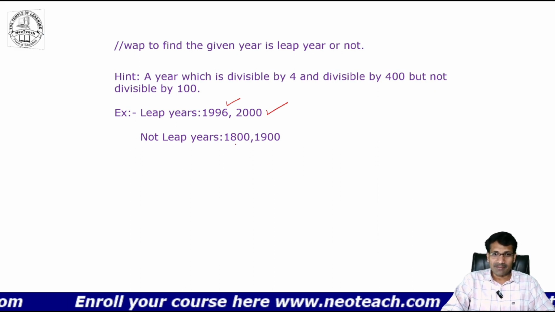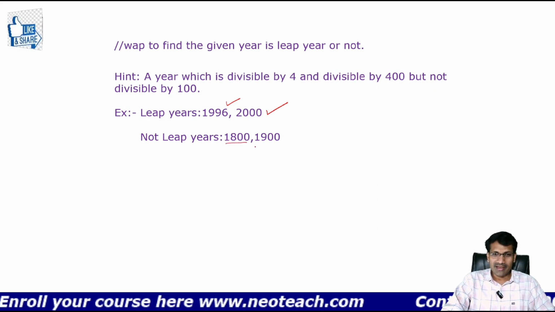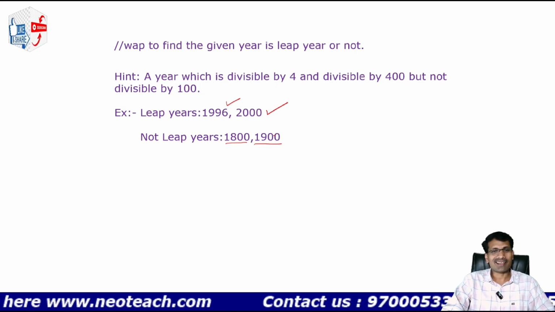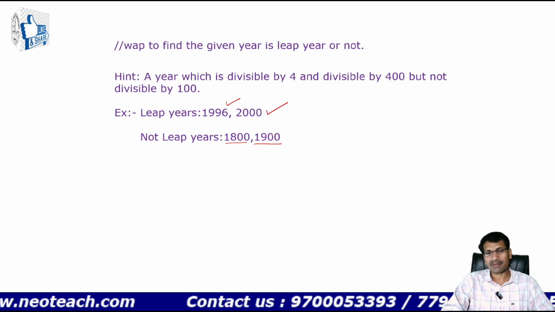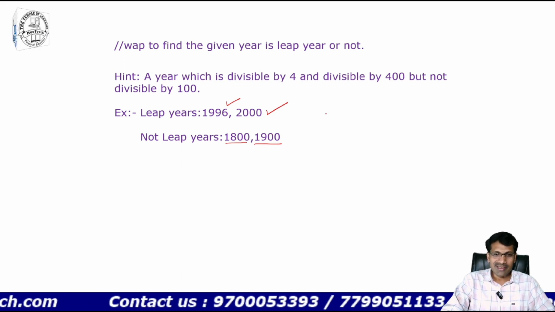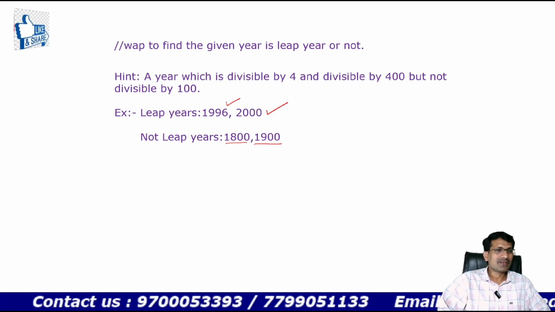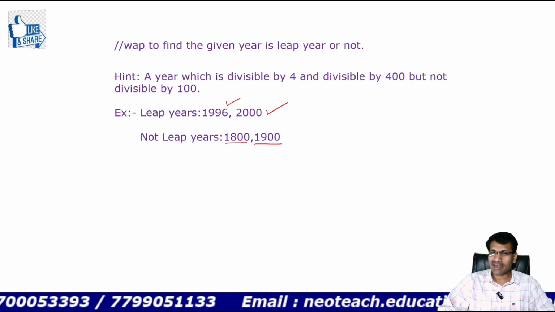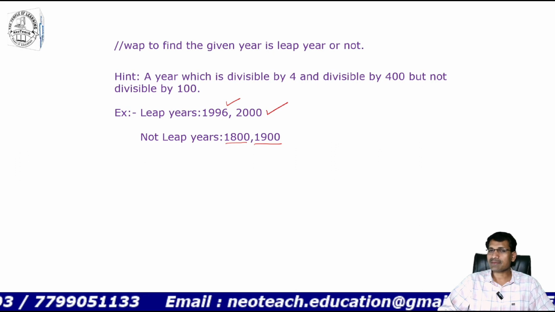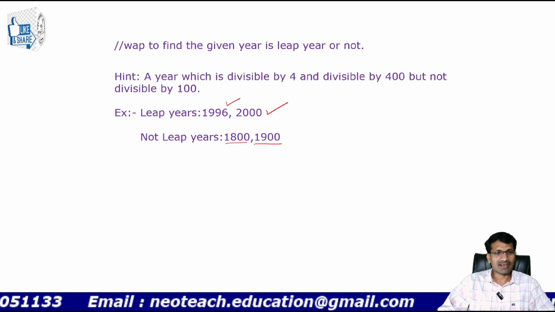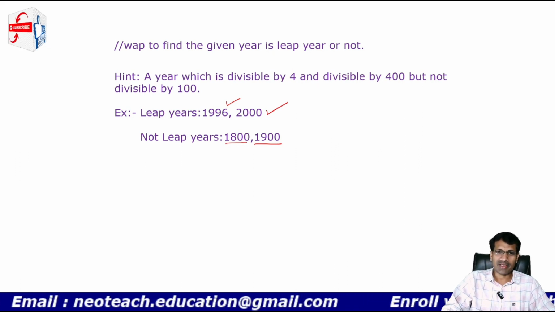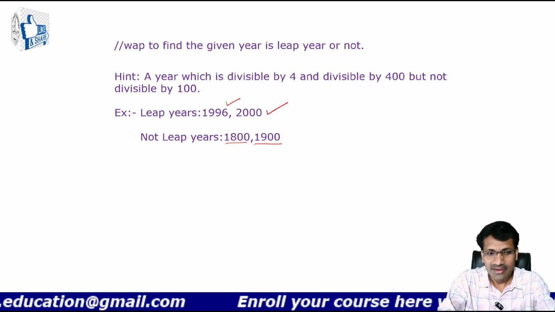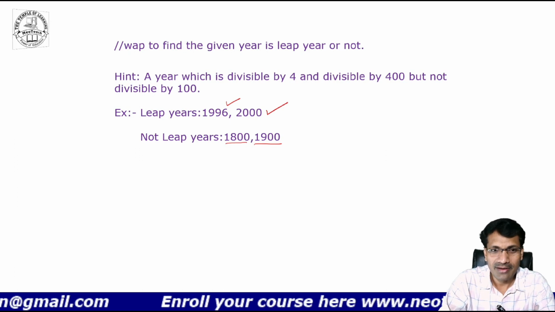But 1800 and 1900 are divisible by 100, yet they are not leap years. Remember, to make sure it is a leap year, the year should be divisible by 4 and at the same time divisible by 400 but not divisible by 100. So this will be the main criteria, and that's what we will implement in this program.